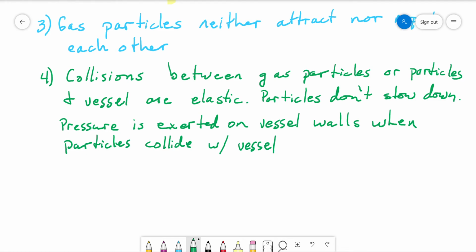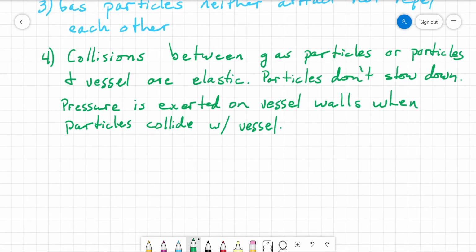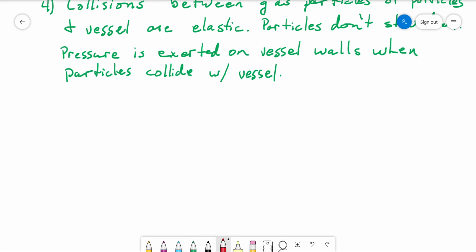So the gas particles run into the walls and they push on the walls, that exerts pressure. That's where pressure comes from.